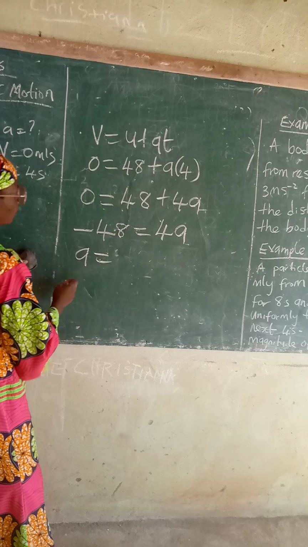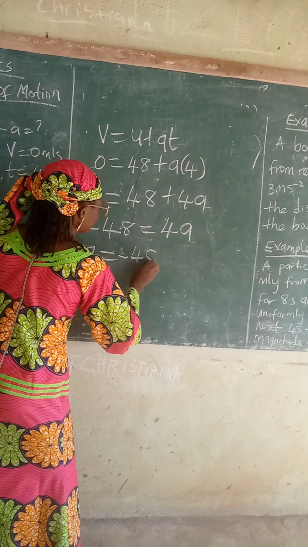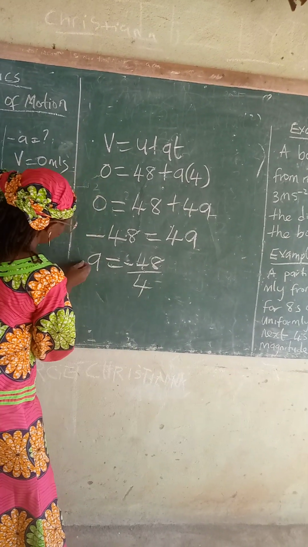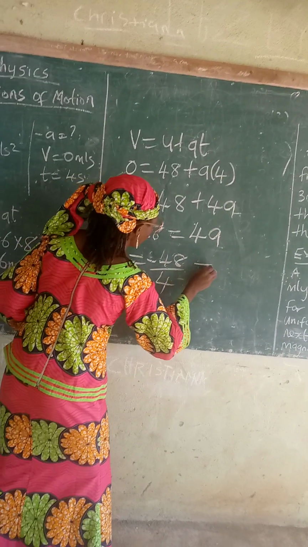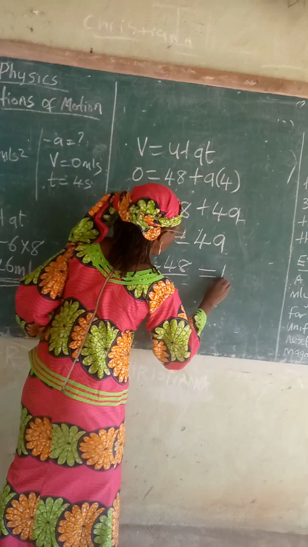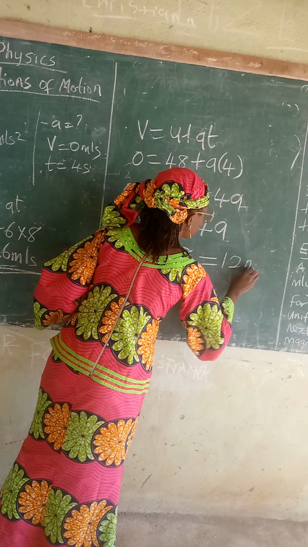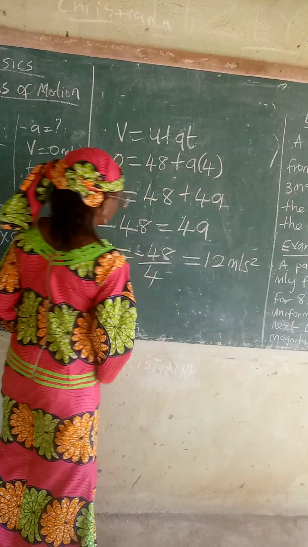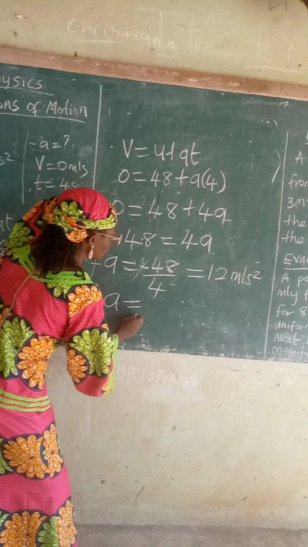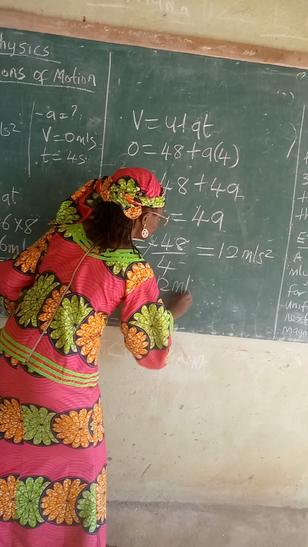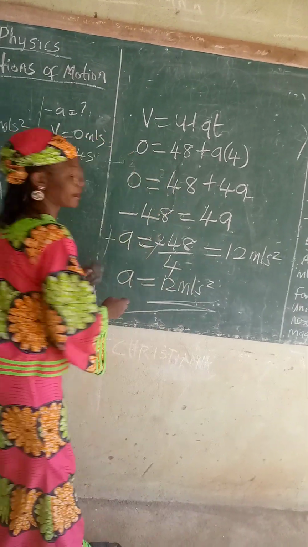Divide both sides by 4, and we have minus 48 divided by 4. Remember this is negative acceleration. 4 into 48 gives 12, so we have 12 meter per second squared. The minus cancels the minus, so our deceleration is 12 meter per second squared.